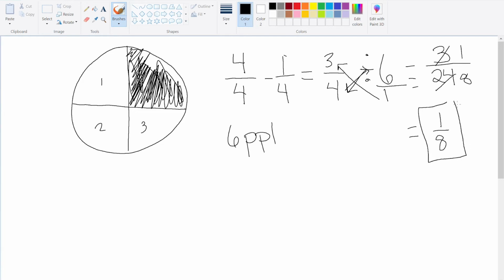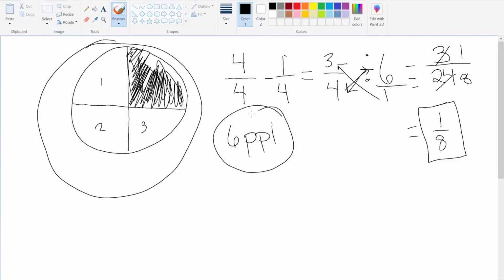So if you're splitting this 3/4 of the pizza and you're dividing it amongst 6 people, each person would get 1/8 of the entire pizza. And let's see, if I divided each of these, so now we see there are 1, 2, 3, 4, 5, 6.